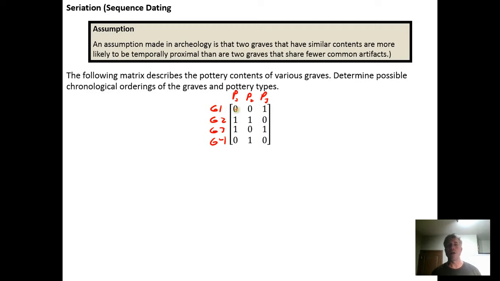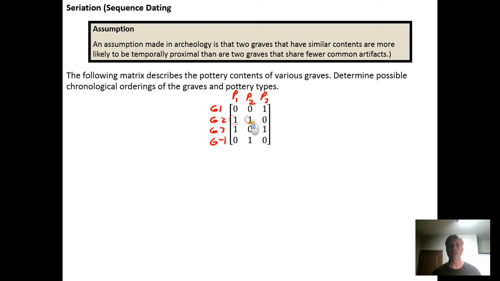So row 1 says that none of pottery type 1 were found in grave 1. None of pottery type 2 were found in grave 1, but pottery type 3 did occur in grave 1. The second row says that pottery type 1, because this number's a 1, was found in grave 2.